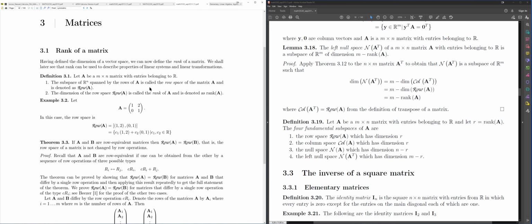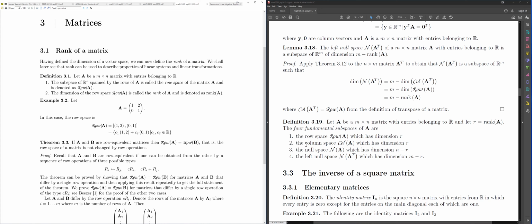We saw initially that if I have row space of a matrix A, then the dimension of row space of A is called the rank of A. So this first, that the row space of A has dimension r, is just by definition.